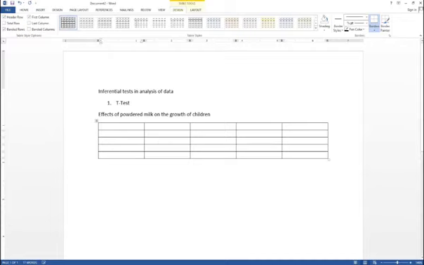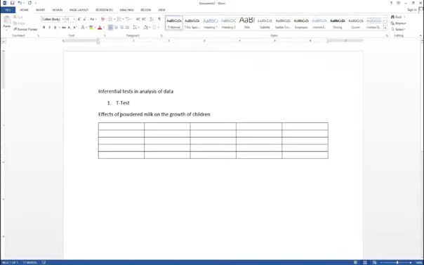We have this as the effect of different types of powdered milk. Because we are talking about independent, we are talking about qualitative variables, so we are looking at the types of powdered milk.